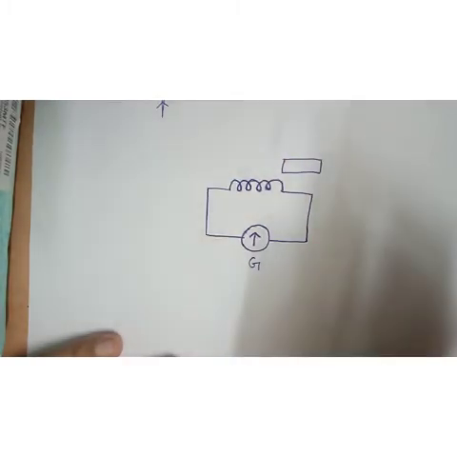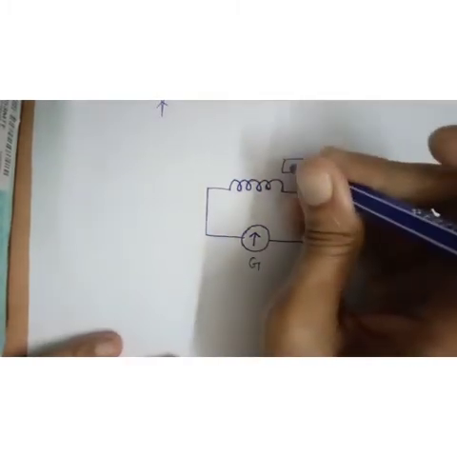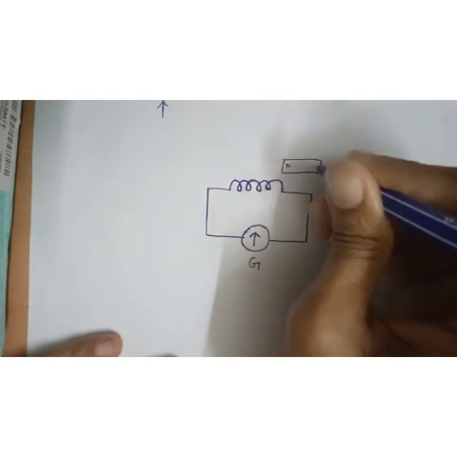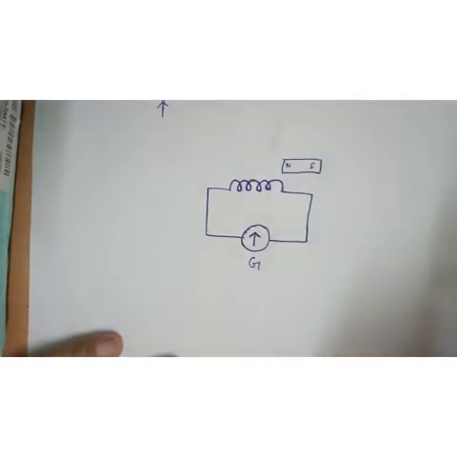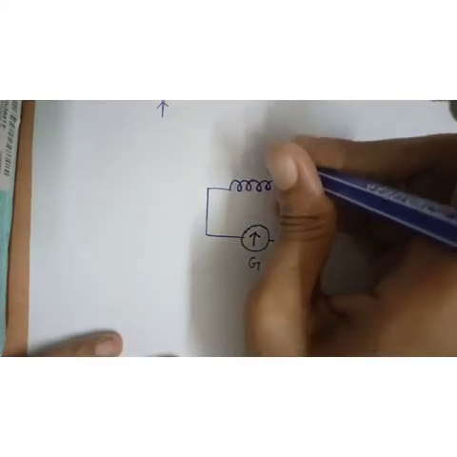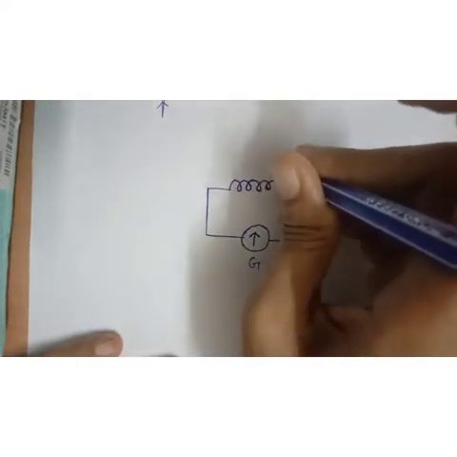Okay. So as I said earlier, this magnet has a north pole and south pole, and of course, being a magnet, it does have what? Magnetic lines of force. So let's say this is the magnetic lines of force.